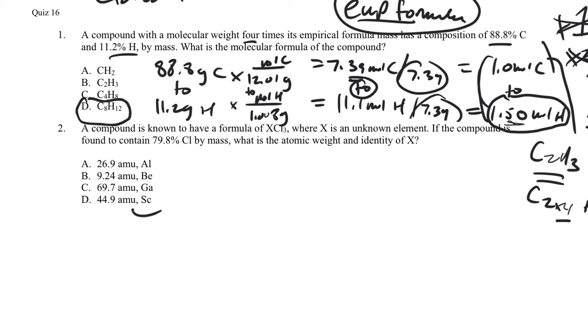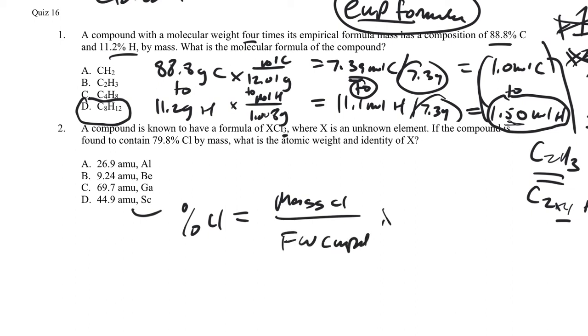Well, the way we can figure this out is through the use of percent composition of a given element in a compound, which depends on the number of that atom in the formula. So there are 3 chlorines in this compound. Let me leave this general first. Let me write the percent chlorine in a compound as the mass of Cl in the compound divided by the formula weight of the compound times 100%.